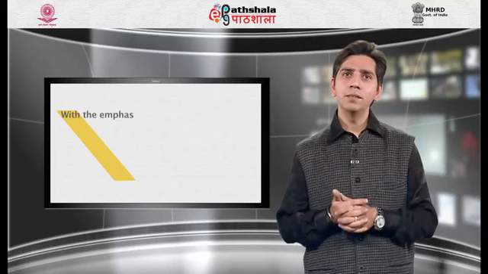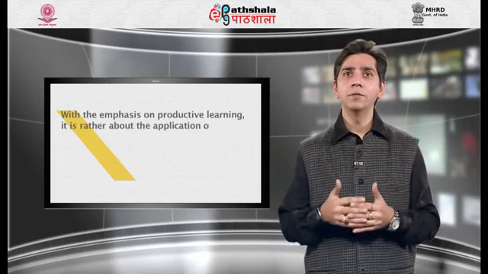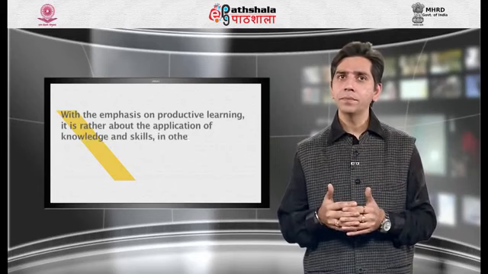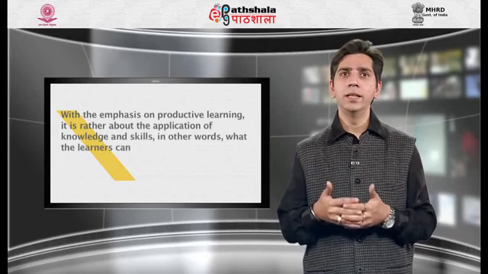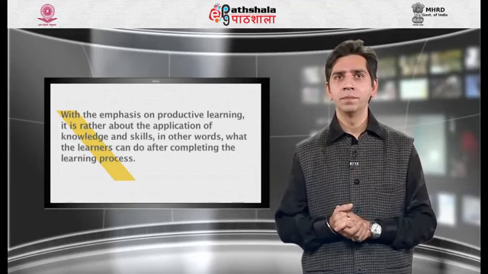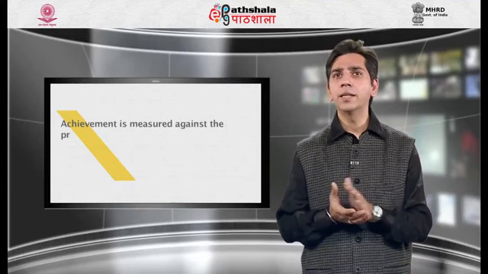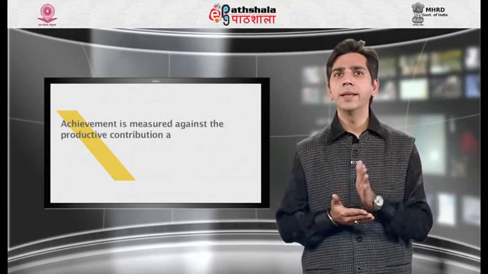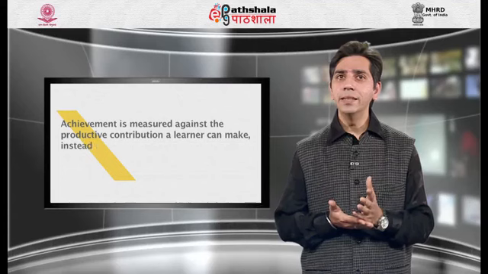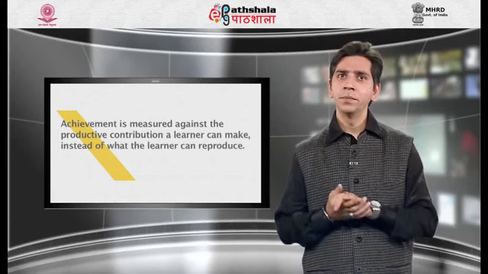With the emphasis on productive learning, it is rather about the application of knowledge and skills. In other words, what the learners can do after completing the learning process. Achievement is measured against the productive contribution a learner can make instead of what the learner can reproduce.